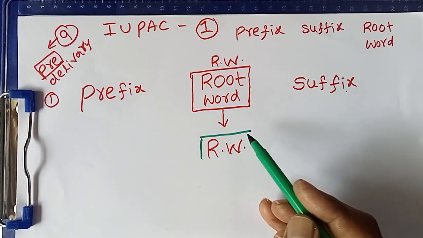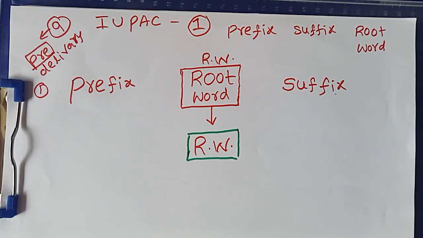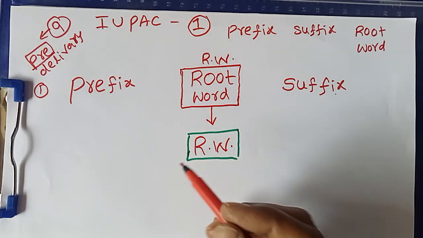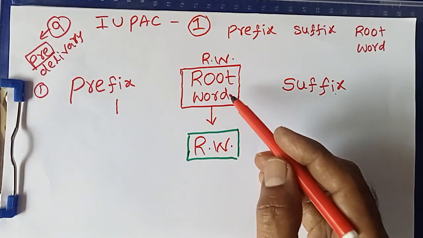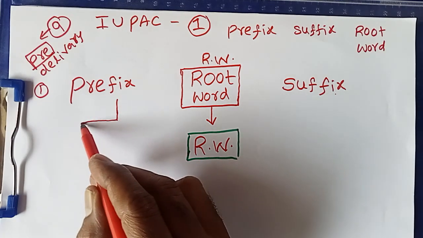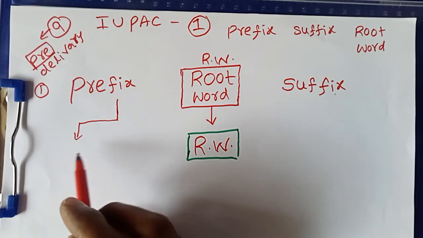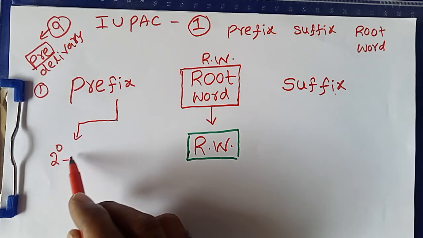That's why I make it green color. Here there is no change. But prefix has two types, while root word has only one type. That is secondary prefix.